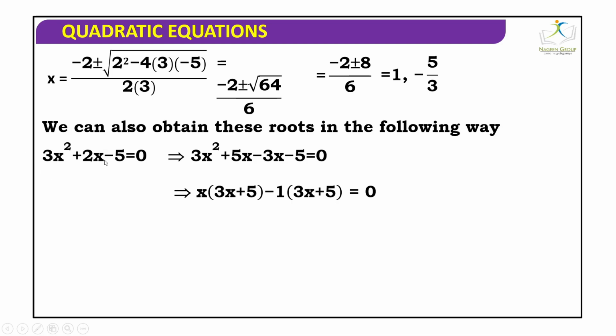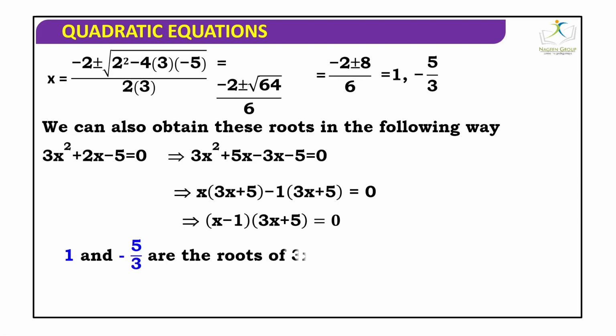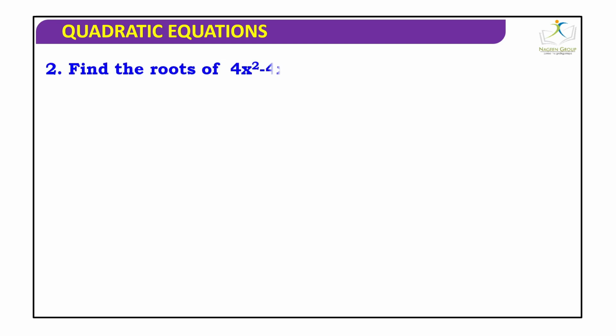So I am writing 2x as 5x minus 3x. Now from the first two, take common x, it will be x into 3x plus 5. From the other two, take common minus 1 and it is 3x plus 5. Completely, it is 3x plus 5 into x minus 1 which is equal to 0. From here, x equals 1 and x equals minus 5 by 3. These are the roots of the equation.